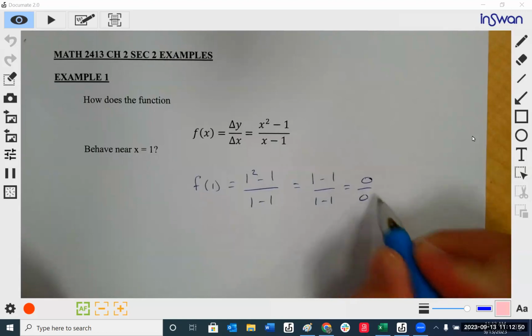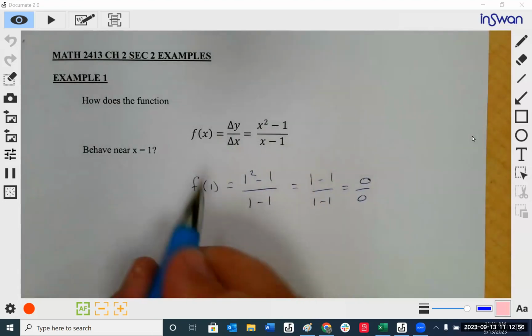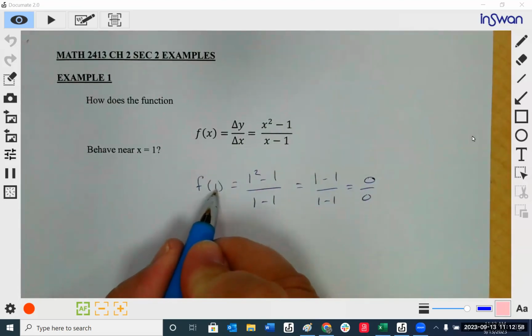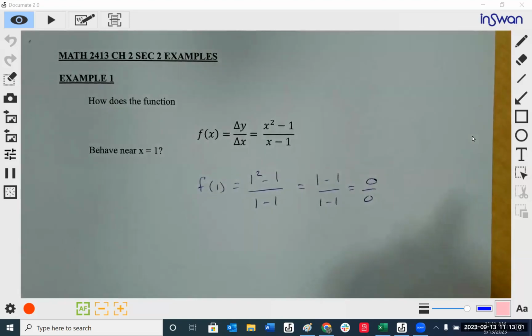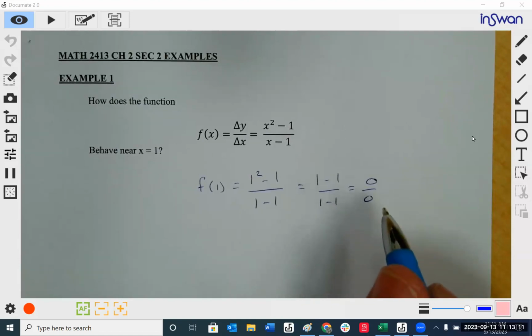But whenever you get 0 over 0, that tells us something in algebra. What does it tell us? If we put x equals 1 in here and get 0 over 0, that means they both have something in common. It's actually going to be an asymptote because the bottom is 0.